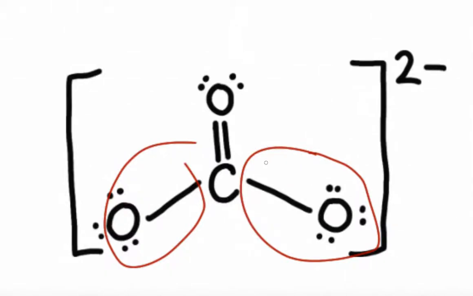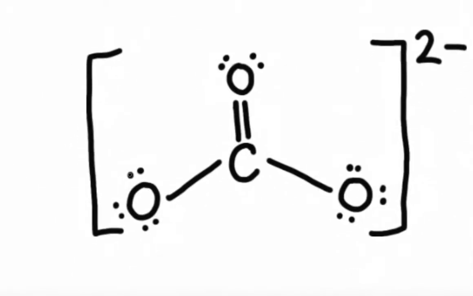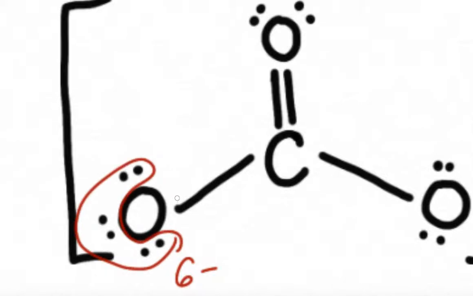To begin with, let's use the formula that I mentioned. Let's start with the oxygen on this side. If you look at the periodic table, the number of valence electrons for this oxygen is 6. So you have 6 minus the number of non-bonded electrons. These are non-bonded, and you have bonded right here.